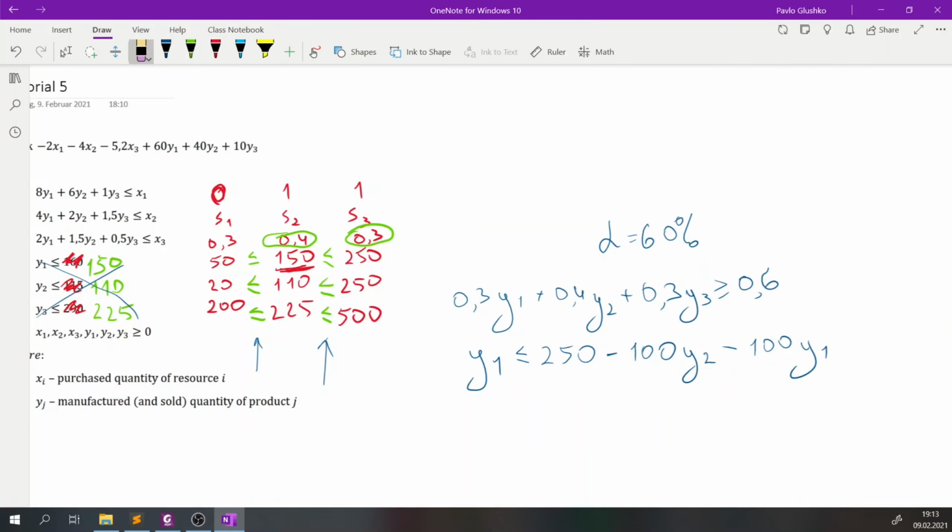And now, this was for product 1. For product 2, the logic is exactly the same.